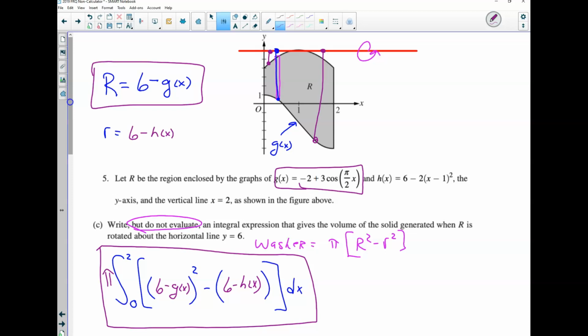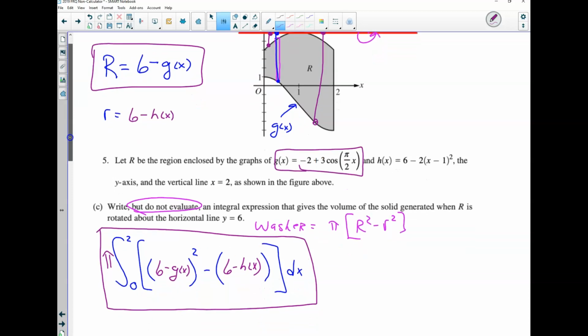Yep. But I think if we flip-flop that, we're going to get a negative area. Like if we did g of x minus 6 squared minus that, I think we're going to get a negative area, because before it was h of x minus g of x, and now it's g of x minus h of x. That's right.